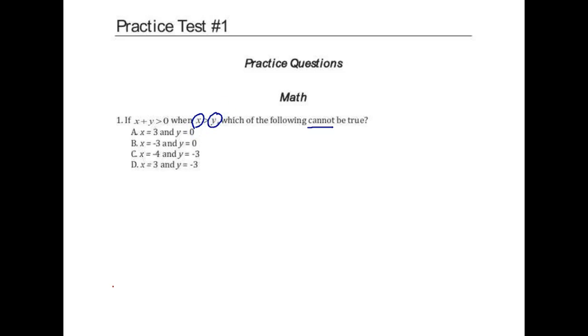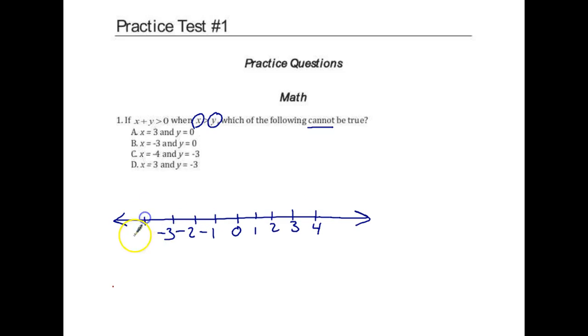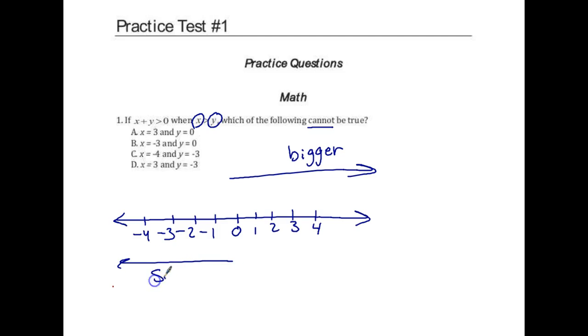So, if we draw a number line, zero, 1, 2, 3, 4, -1, -2, -3, -4. This way, the numbers are getting bigger. This way, the numbers are getting smaller.